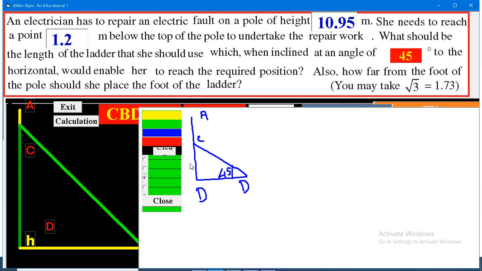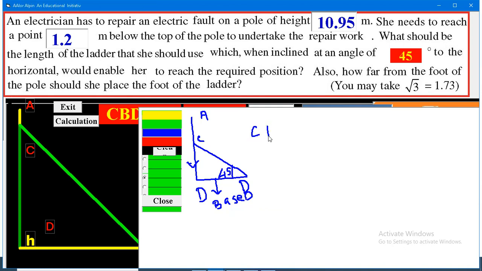So now I have to find DB. So out of these two things, perpendicular is given, angle is given. I have to find what is the base, what is the length of the base. Now I know perpendicular length is given, base is to be found out. I have to use the tan formula.